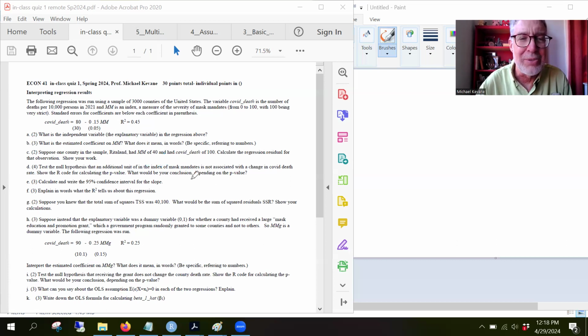Test the null hypothesis. For that, you needed to calculate the t-stat. The t-stat is equal to beta 1 hat minus beta 1 null, which is always 0 in our case, divided by the standard error. So we have negative 0.15 over 0.05, which would be equal to negative 3.